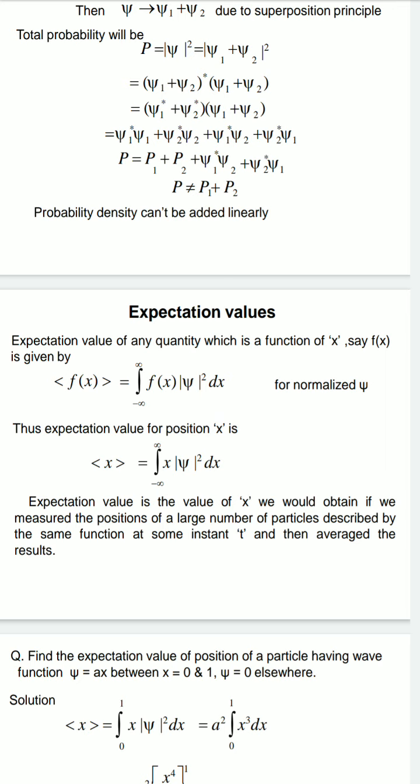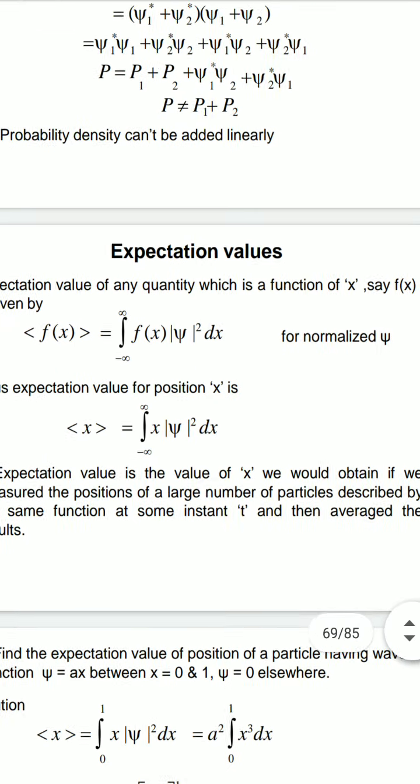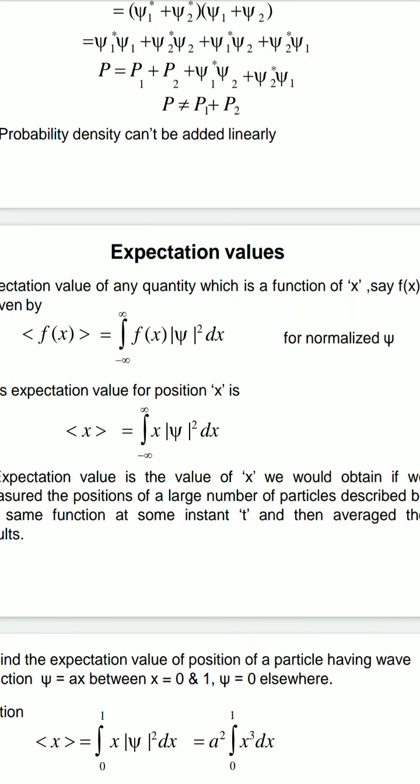If you want to find the position x expectation value, you write the expectation value symbol as greater than, less than sign. Inside that you put the value for which you need to find the expectation value. So here we are going to find the expectation value of position, that is x.